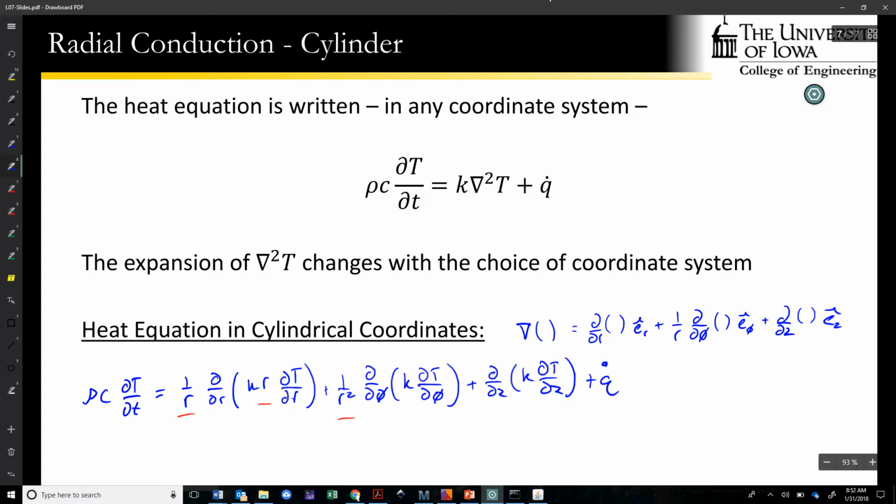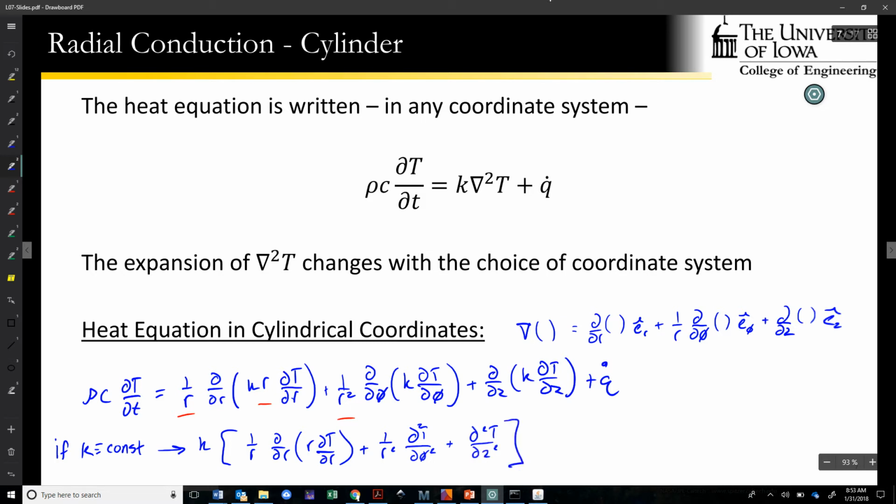But we still end up with k 1 over r d/dr of r dT/dr plus 1 over r squared plus d squared T/dz squared.